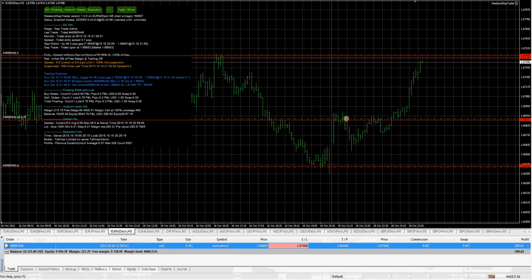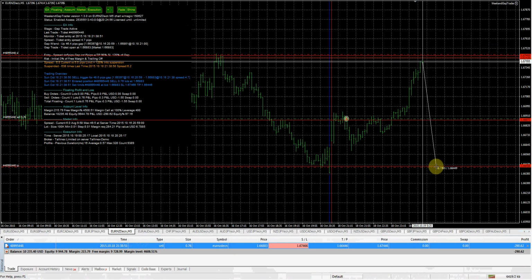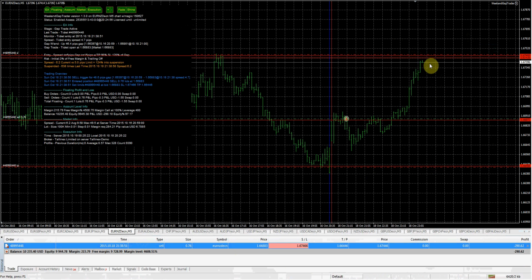And it's highly doubtful that the market is going to move about 100 pips down to give us our profit target here. So odds are really against us right now.